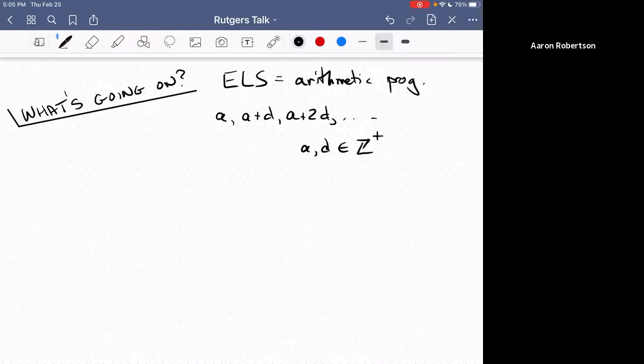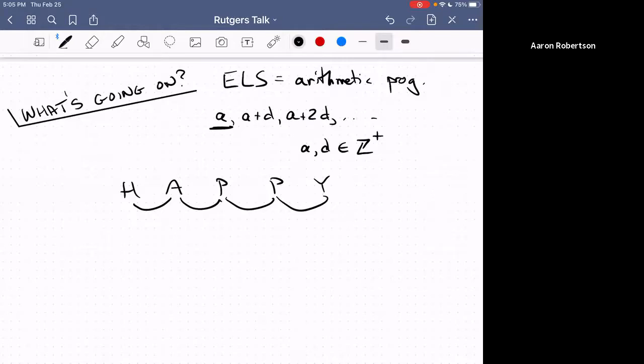So a and d are positive integers, and we have some starting position, and if you skip every d characters, you get these secret messages. So for example, if you wanted to look up happy in the Bible, I'm sure you would find it somewhere. We want the number of characters between them to all be the same.